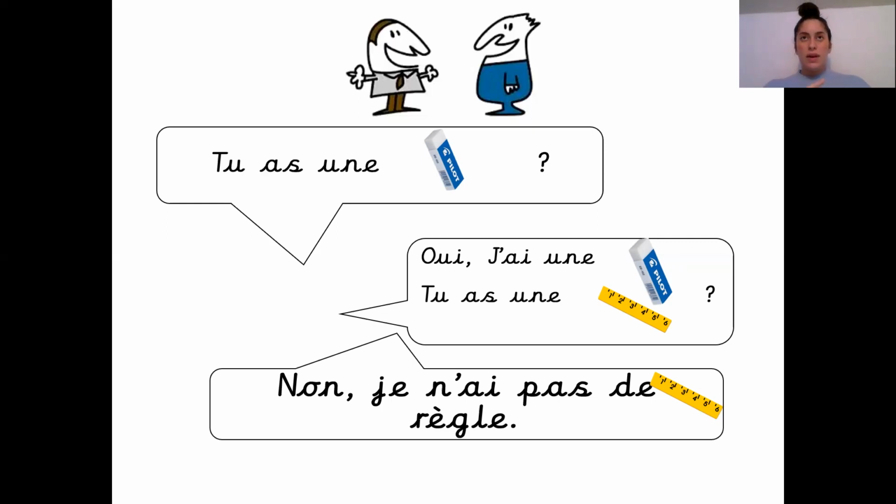Let's practice with a pen. How do we say pen in French? Un stylo. Tu as un stylo? Oui, j'ai un stylo. Non, je n'ai pas un stylo.